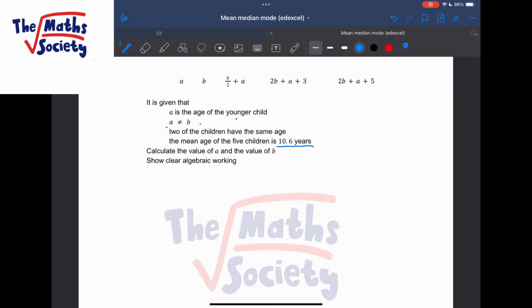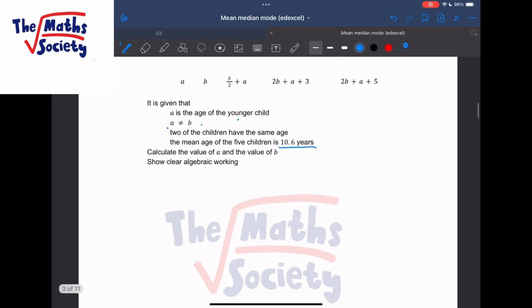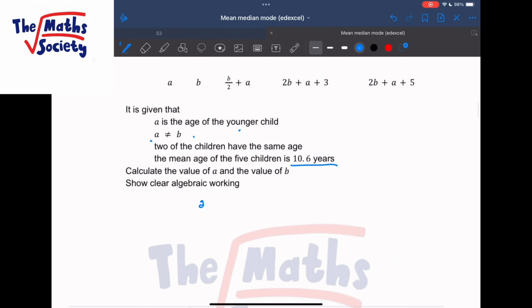So we know the mean, so we can work with it and calculate the value of A and the value of B. So the mean is A plus B by 2 plus A plus 2B plus A plus 3 plus 2B plus A plus 5, divided by 5 children, and the mean age is 10.6.